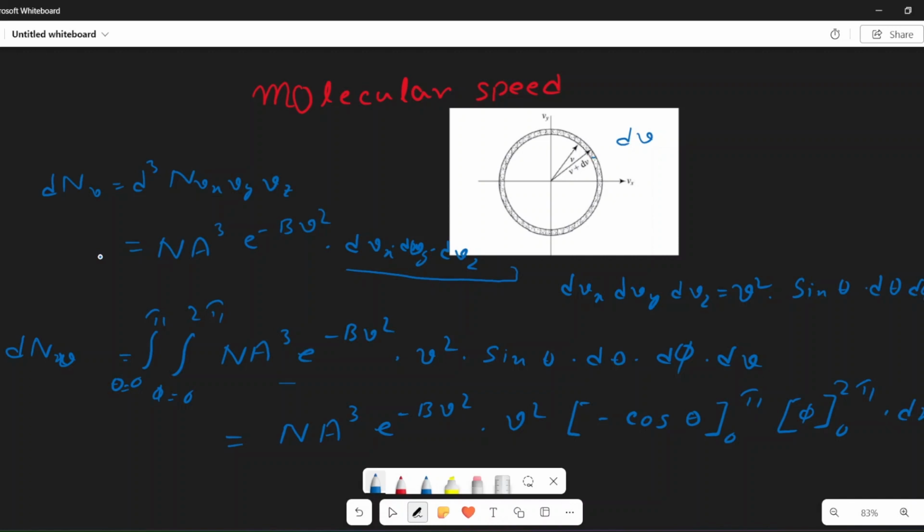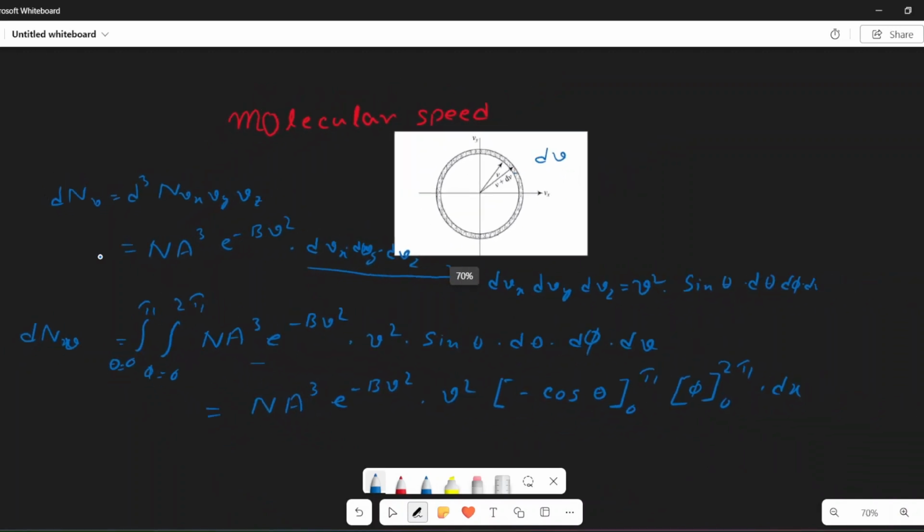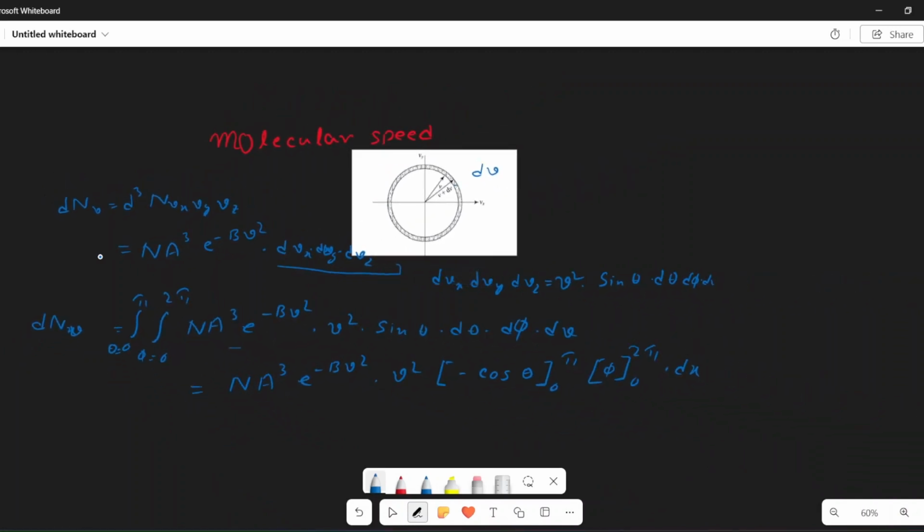If we determine this value, we get N A cubed e to the power minus b v squared v squared, this is 1 plus 1, 2, times 2 pi dv.